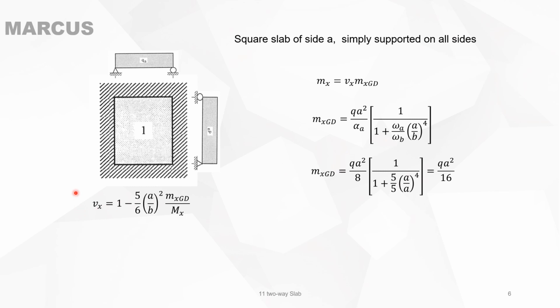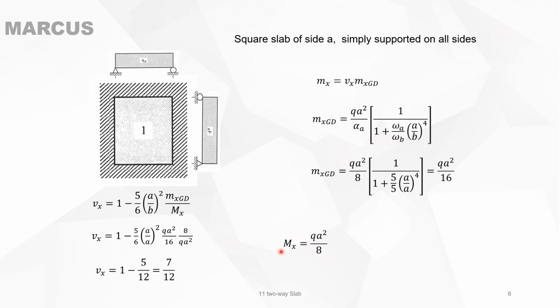Now we calculate the correction factor nu x, which is given by this formula, and we can fill in all the parts of the formula, and we obtain that the correction factor is 7/12.